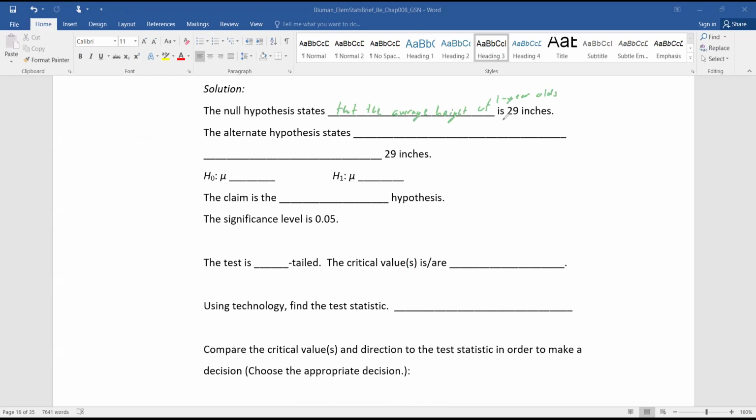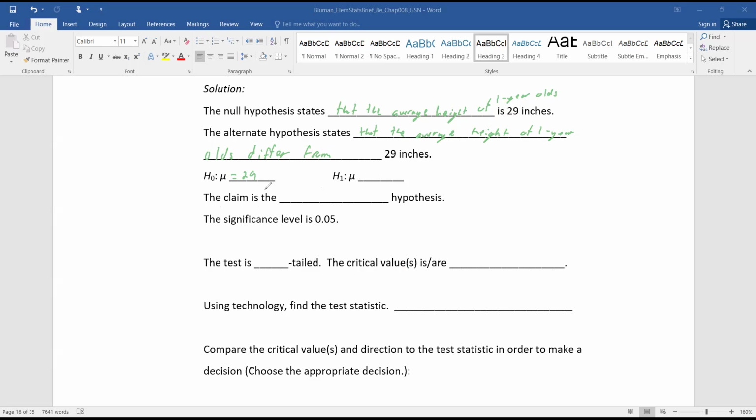And the alternative hypothesis states that the average height of 1-year-olds differs from 29 inches. So again, the null will always equal what the population mean is, and then the alternative is what we're checking.